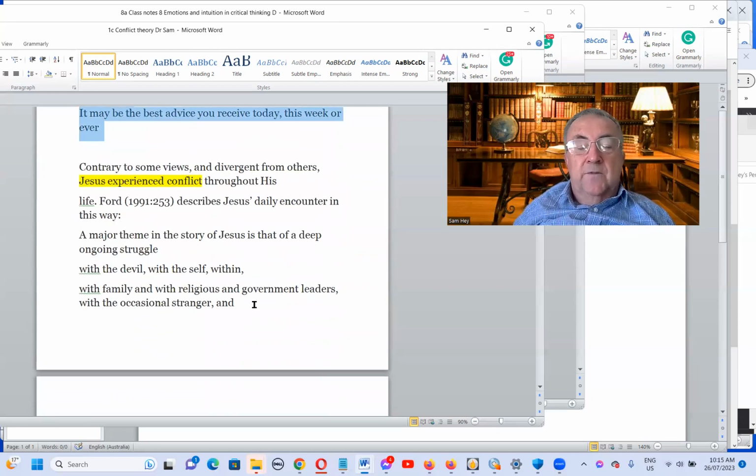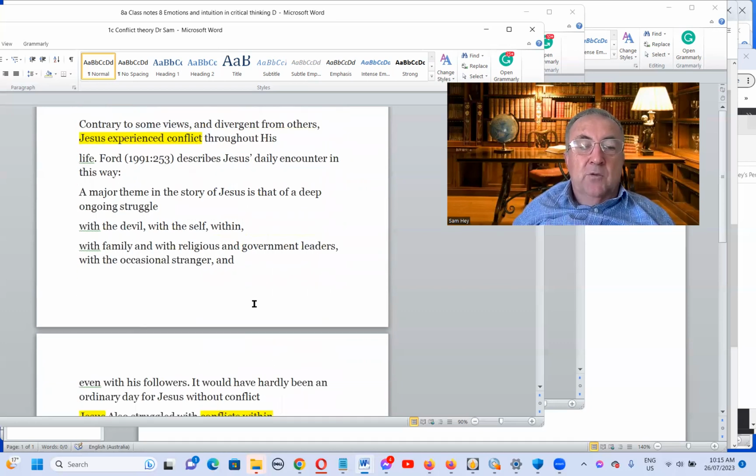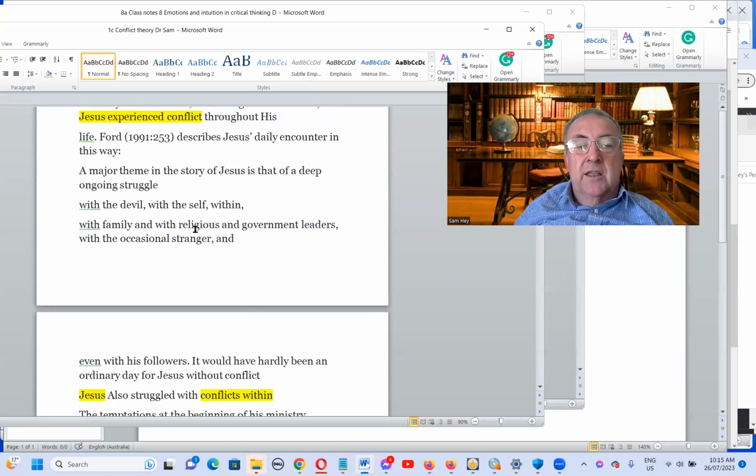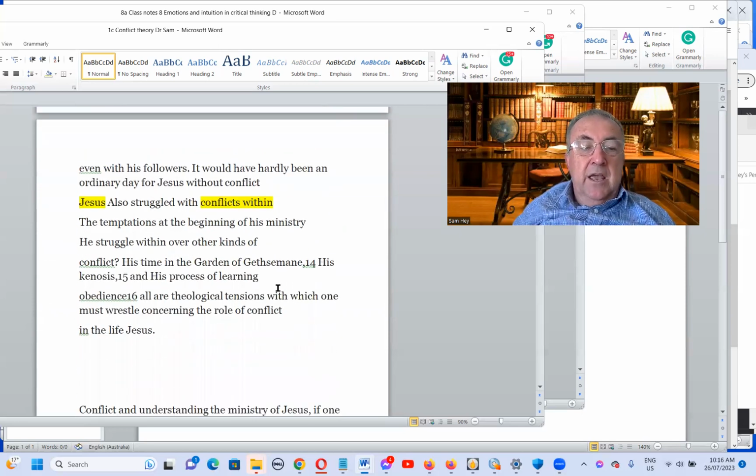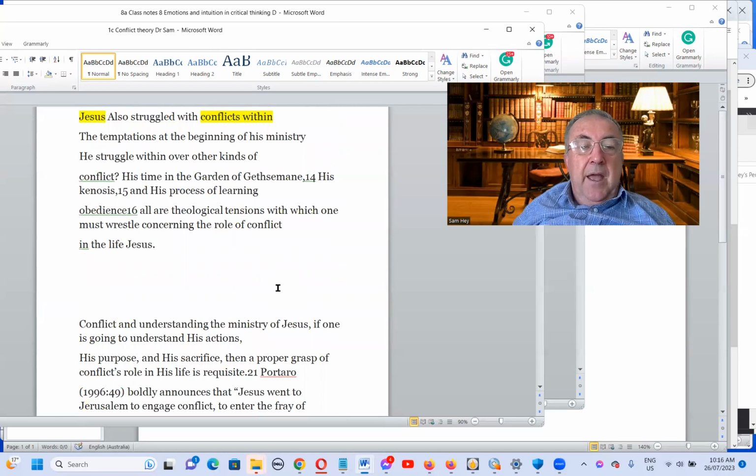Even Jesus faced conflict. As Christian teachers, when Ford describes the ways in which he was constantly facing at times the battle within, at the temptation of Jesus, the different views with his family and religious leaders and government leaders. His time in the Garden of Gethsemane, he wrestled with questions within.